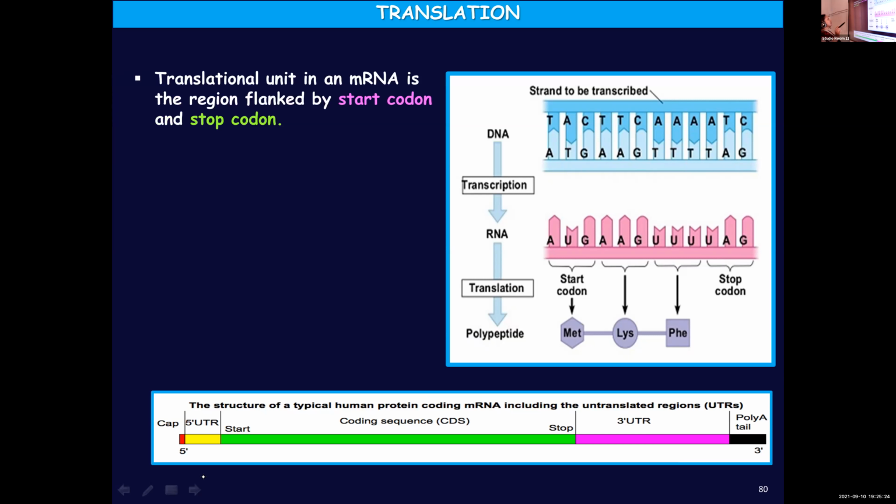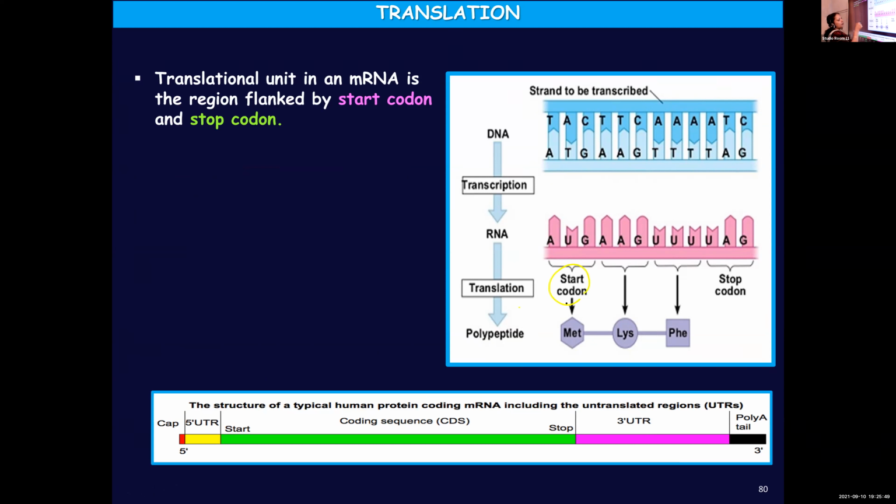Now here you can see the translational unit. A translational unit in a messenger RNA is a region flanked by a start codon and a stop codon. Flanked means bordered: at one end you can see the start codon, at the other end the stop codon. In the figure, this is a translational unit.